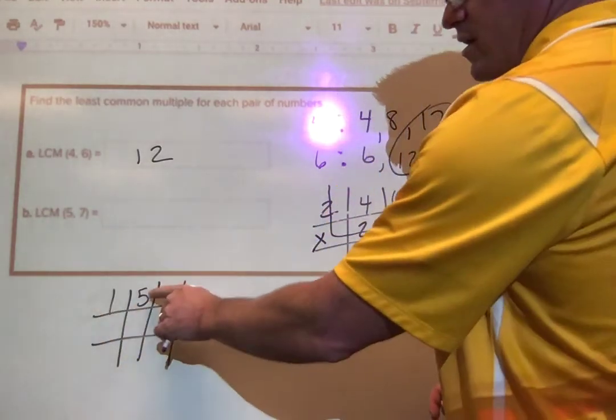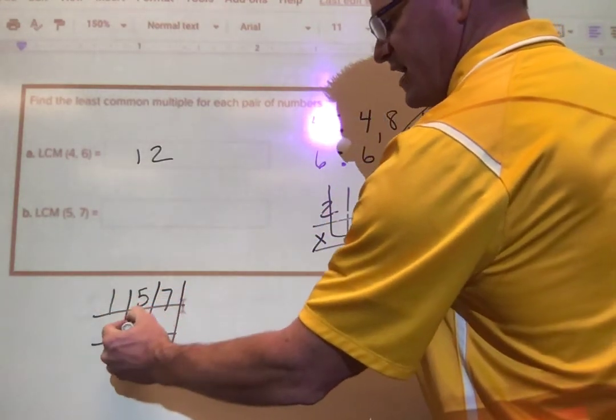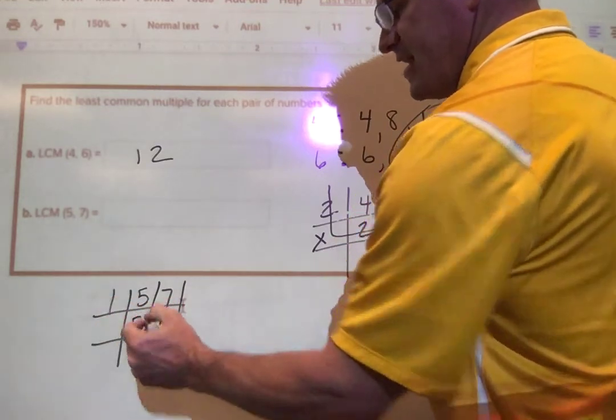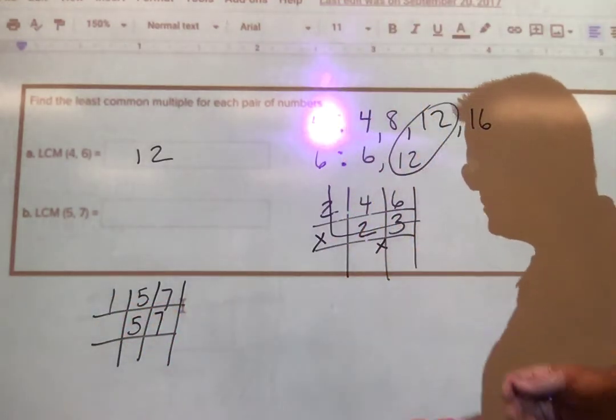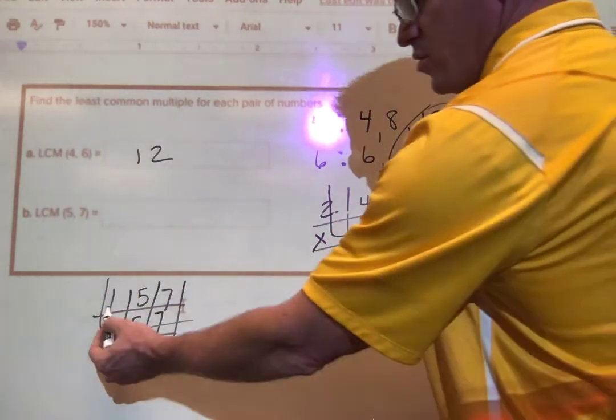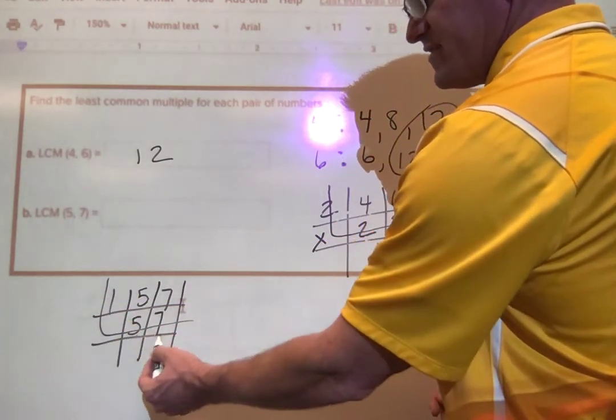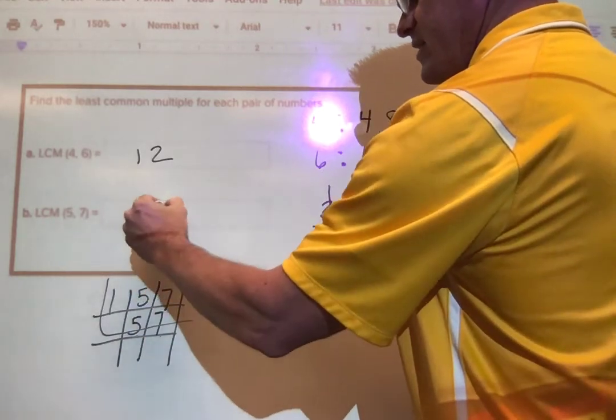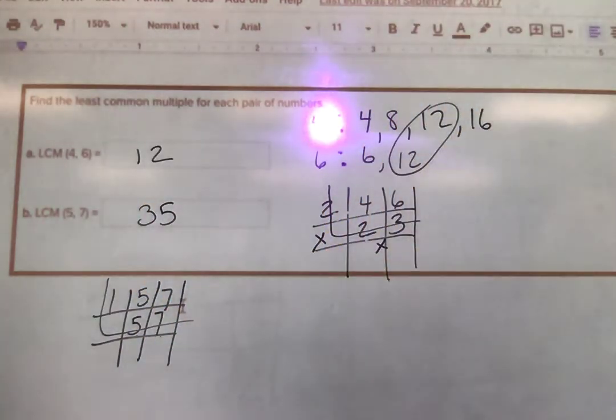So if I pull out a 1, 5 divided by 1 is still 5, and 7 divided by 1 is still 7. Really, it didn't change anything, but I can make that L through here and multiply them. 1 times 5 is 5, and 5 times 7 is 35, and we get that least common multiple of 35.